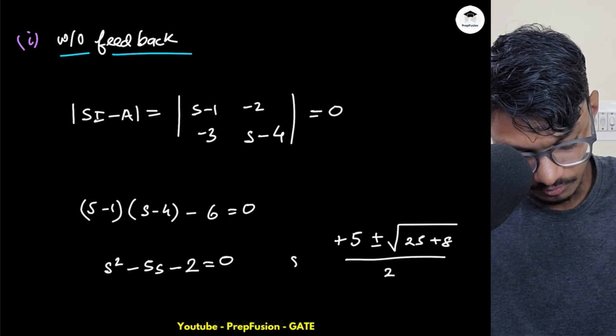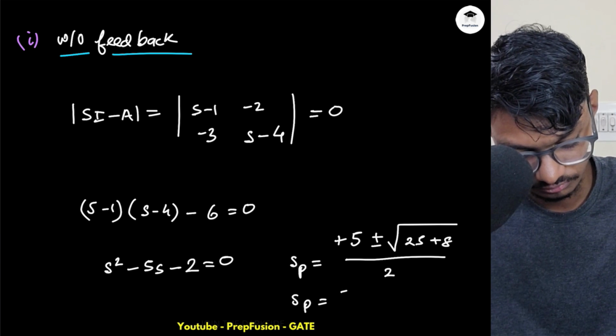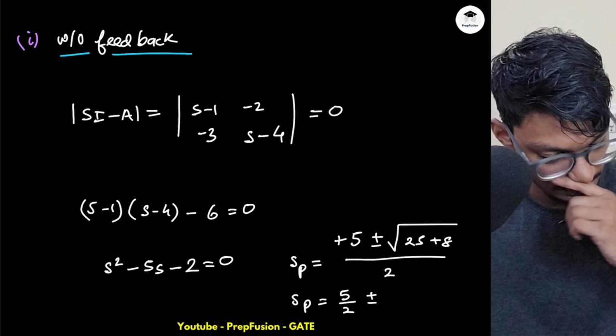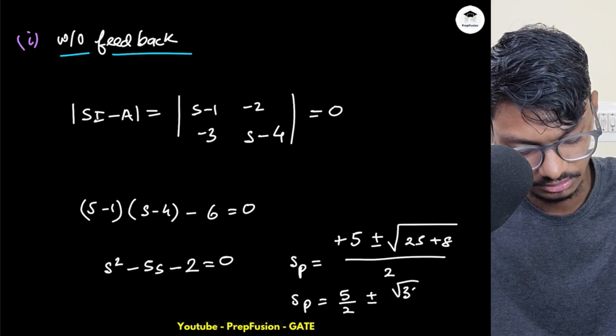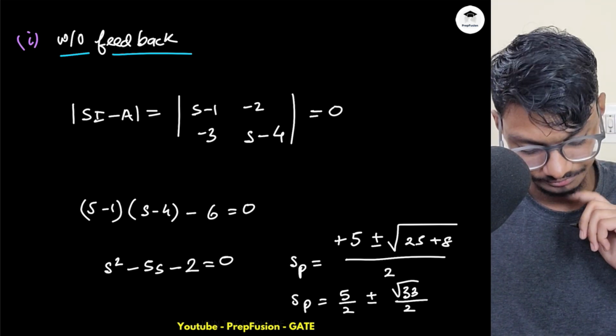So these are my pole locations, right? So S equals 5 by 2 plus minus root 33 by 2. Okay, so these are my pole locations basically.